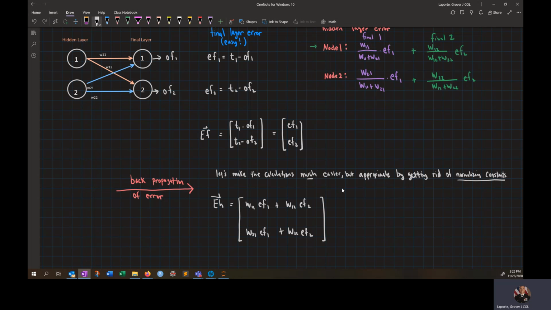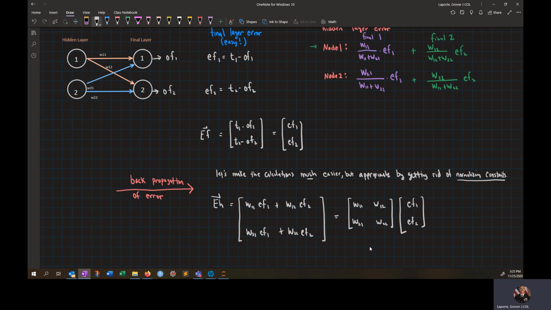Okay. Now, how can we make our calculation easier? I think I've said this a couple times now. How do we make this easier? Well, let's just turn it into a matrix vector operation. It just becomes W11, W12, W21, W22, all times EF1 and EF2.